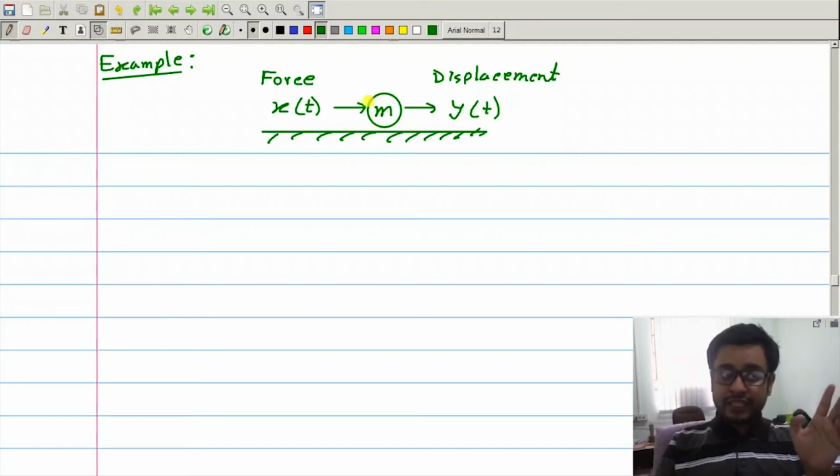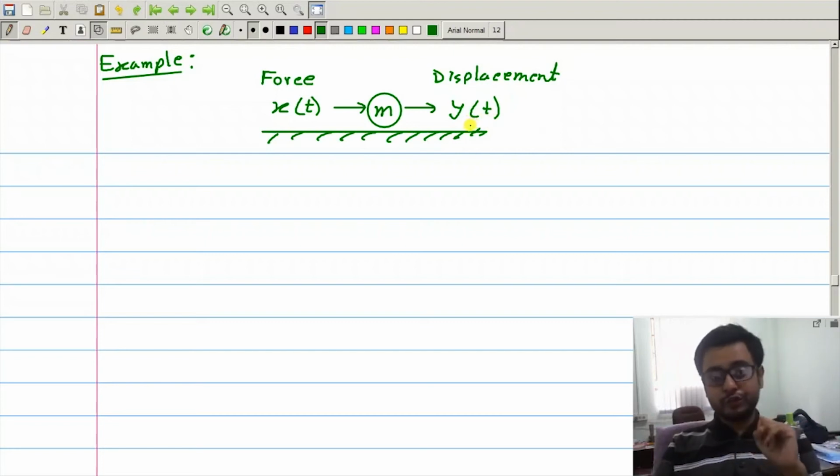Again, if the initial position and velocity are 0, then if you give force, you can get an output. That is what we will call the forced response.